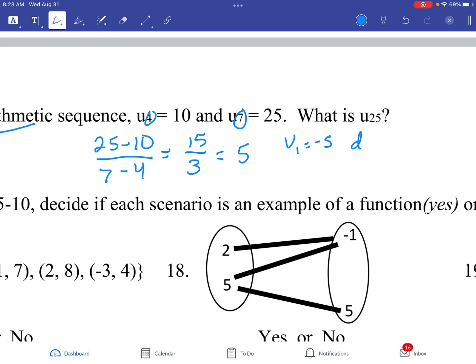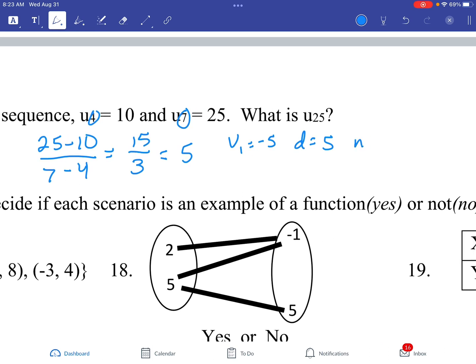Your common difference is 5. And we're looking for u sub 25, so you can use the explicit formula. We have negative 5 plus 5 times 25 minus 1. So we got 24 times 5 minus 5 would be 115.